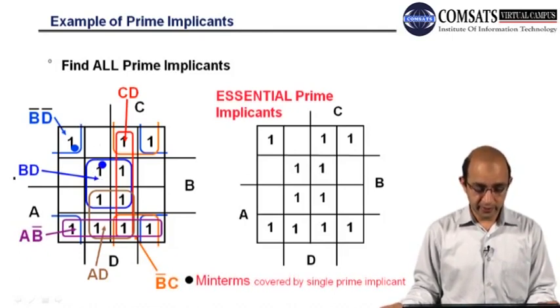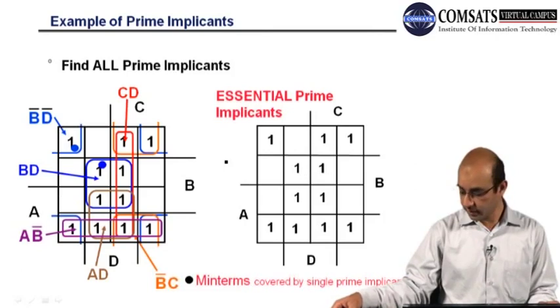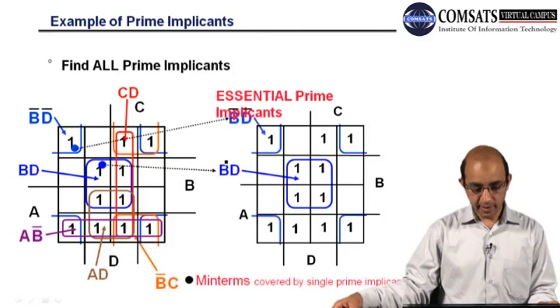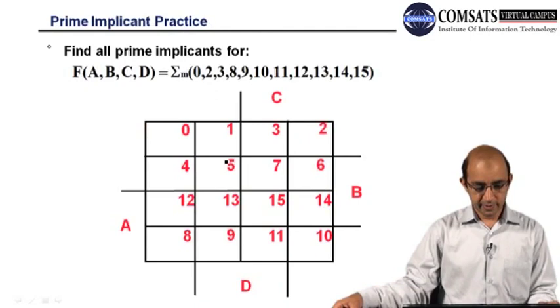So this has a minimum cover, so we can say that this is also an essential prime implicant, right? So BD and B bar D bar, right? So another example, right?